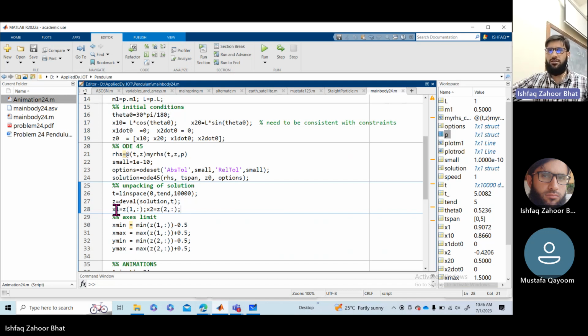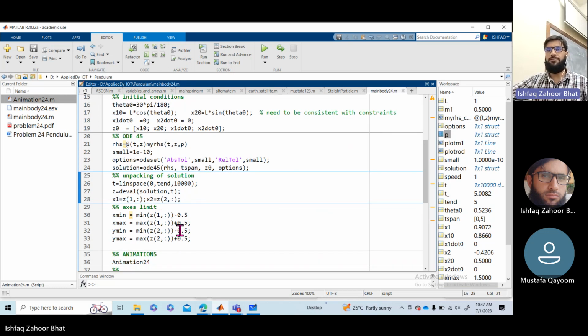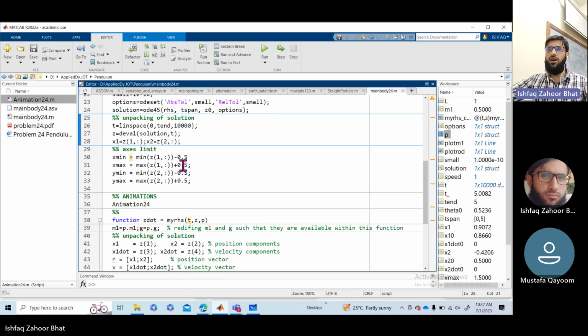So this x1 is not just a single value, it is a row vector with dimensions 1 cross 10,000, and this also is a row vector with dimensions 1 cross 10,000. So at each instant of time, you have this x value and this y value.